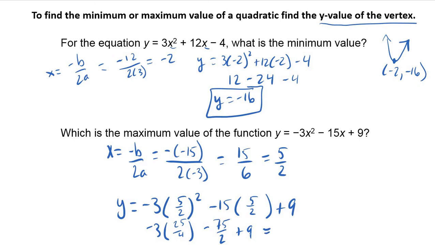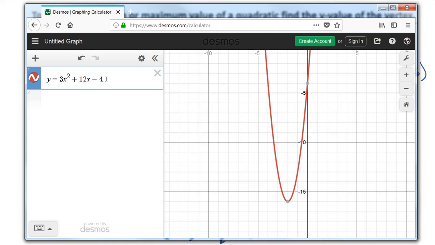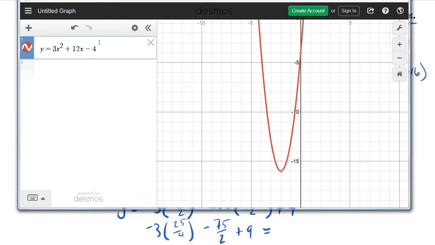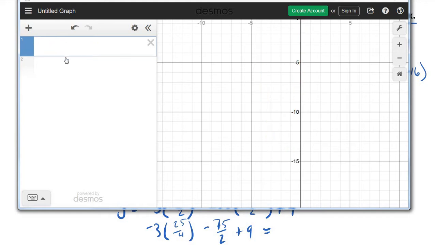Equals, in fact, I would just plug this in a calculator, okay? So let me bring up Desmos and just show you as a calculating tool how nice it can be. From the very same window, what if I just wanted to type this in? Negative 3 times 25 fourths. Whoops, I don't need that parenthesis down there.